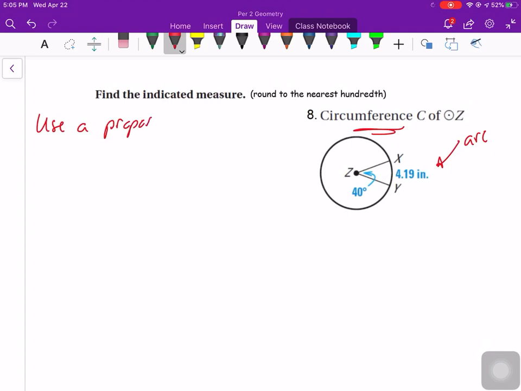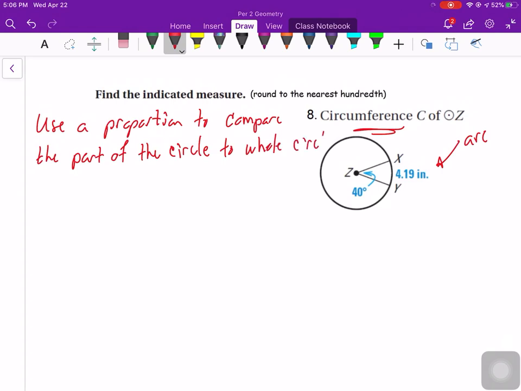You're going to use a proportion to compare the part of the circle to the whole circle. Let me show you how that's done.